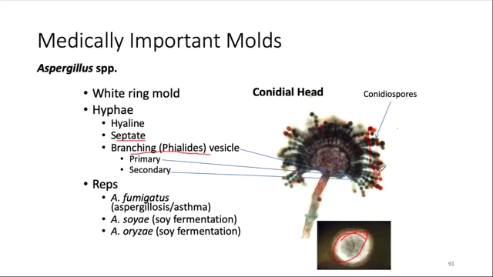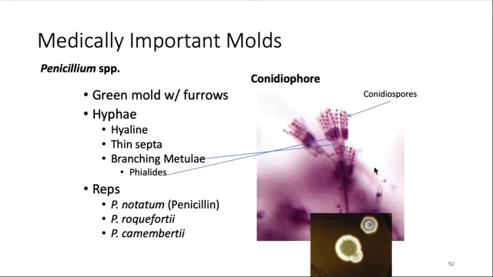The spores are produced at the ends here, and they are not in any sac or covering. Then you have representatives of them being Aspergillus fumigatus, which is implicated in asthma. It's also the cause of aspergillosis. And then you have some that are used in the food industry as well.